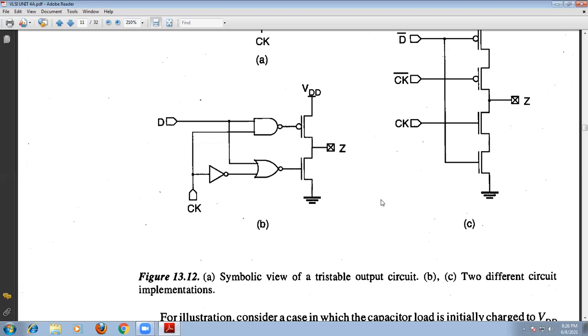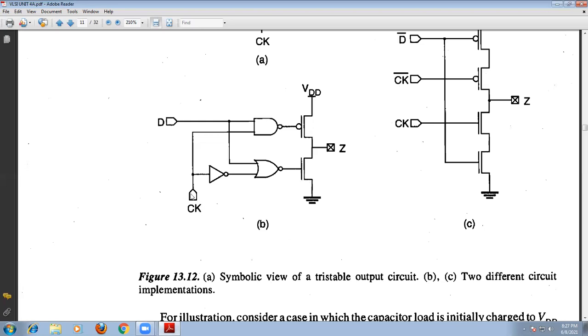Let us consider, for example, the case in which the output capacitance is charged to a voltage VDD, say 5 volts, and we set the clock signal such that the NMOS transistor is in the on condition.